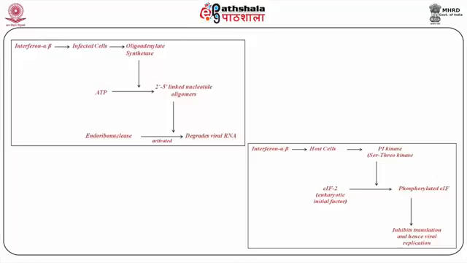IFN-alpha and IFN-beta bind to a common interferon receptor on both infected and neighboring cells. This receptor uses a Janus family tyrosine kinase mediated signal transduction pathway. Signal transducers and activators of transcription, STATs, induce synthesis of host proteins which inhibit viral replication.